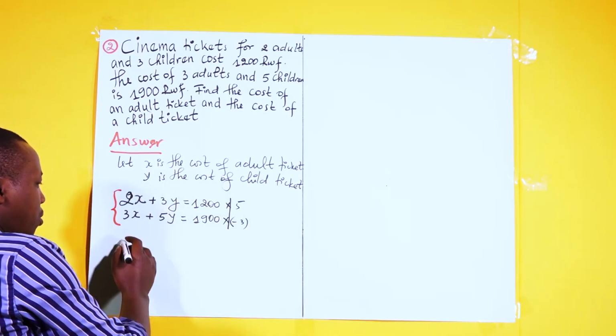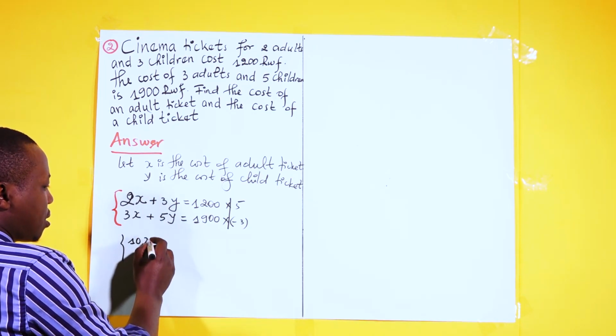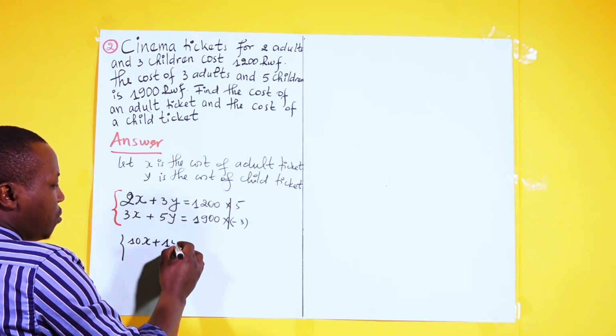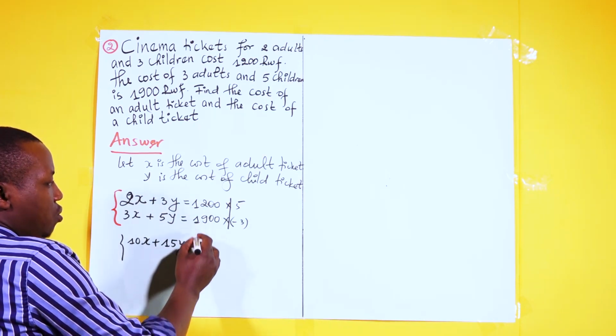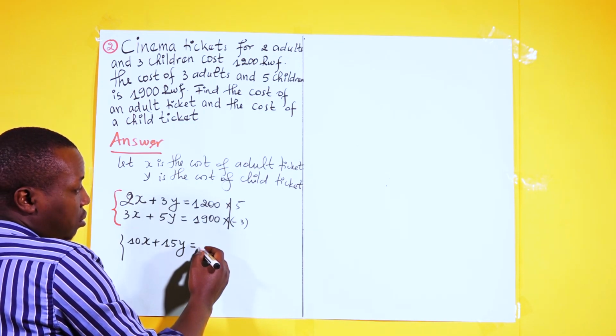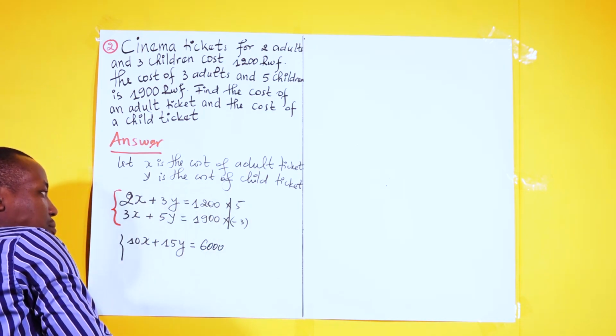So this system becomes 10x plus 15y equals 6,000.